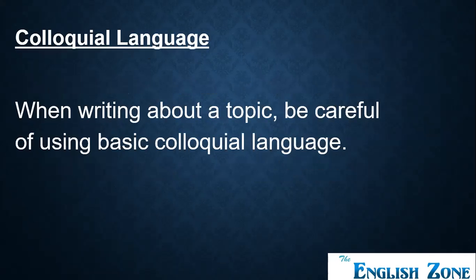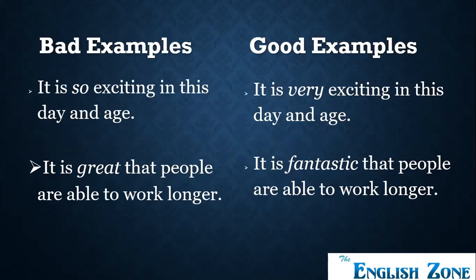Colloquial language. What do you understand by colloquial language? Means like a pairing, when two words are used together. For example, when writing about a topic, be careful of using basic colloquial language. Let's understand this. Bad examples: it's so exciting in this day and age.